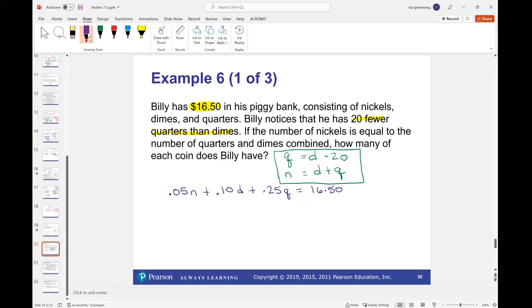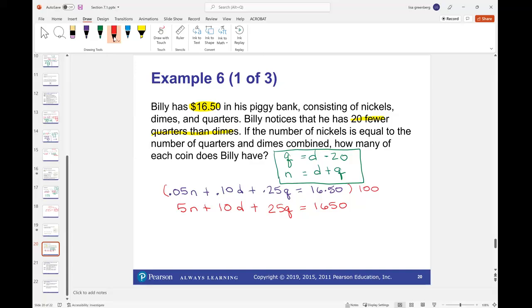If you multiply everything here by 100, you get rid of the decimals because there's 2 decimal places. So 0.05 times 100 is 5N plus 10 cents times 100 is 10D plus 0.25 times 100 is 25Q is equal to 1,650.